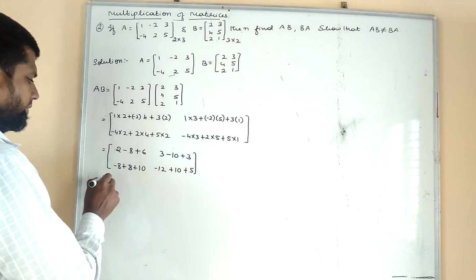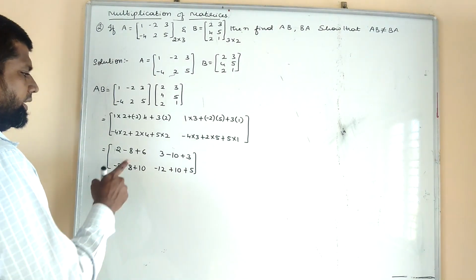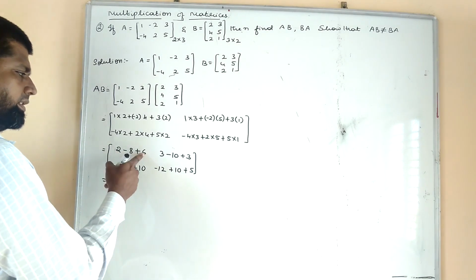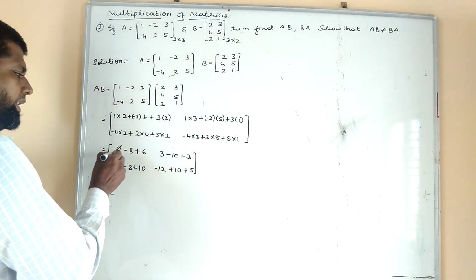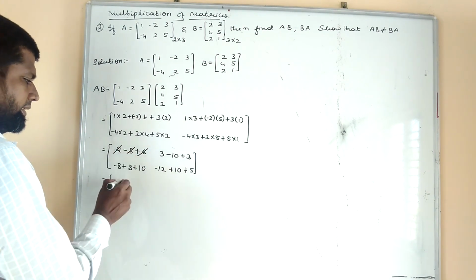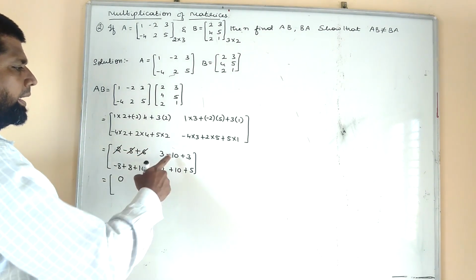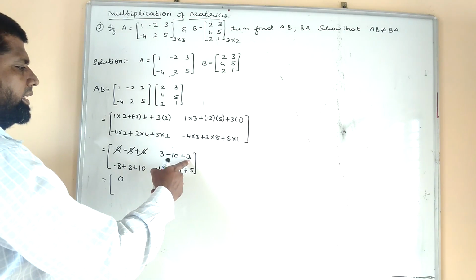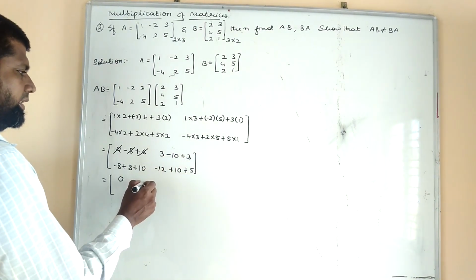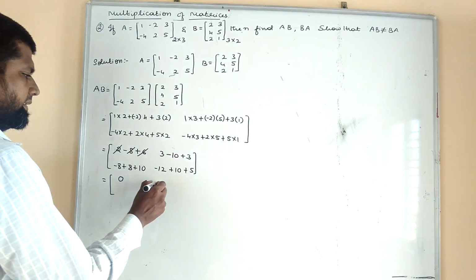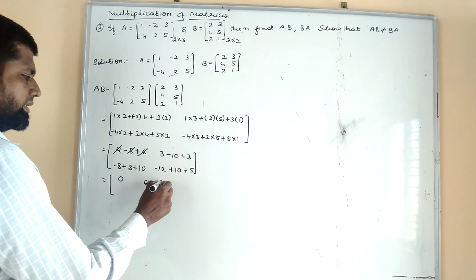If you add or subtract, what will you get? So here 2 plus 6 is 8. Positive 8 and negative 8 cancel. We are getting 0. Then 3 plus 3 is 6. You can write directly 6 minus 10, or you can write another one step.